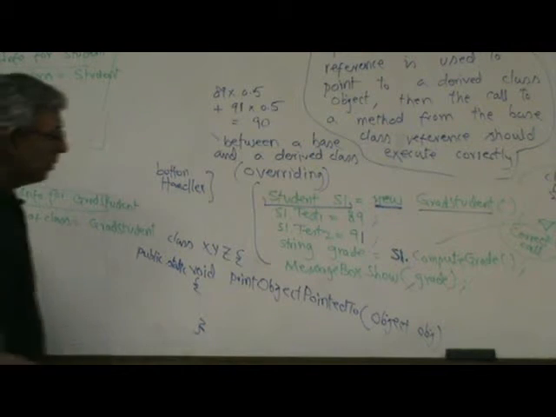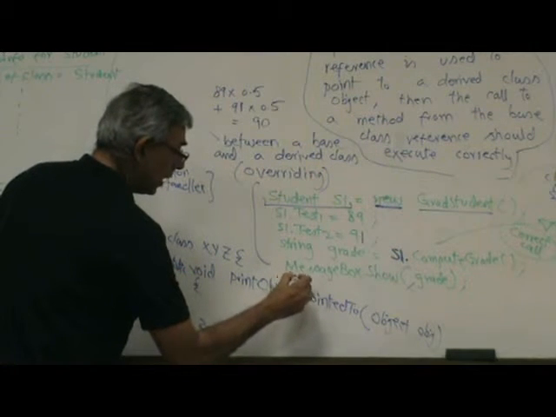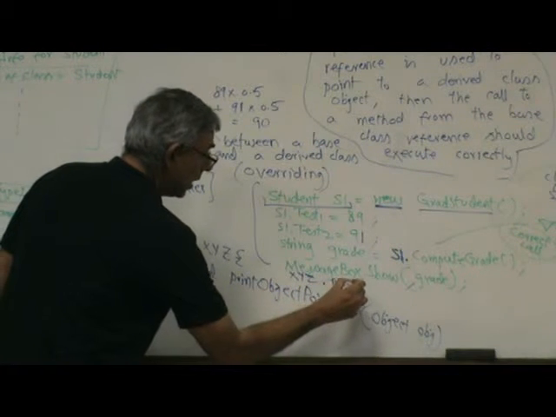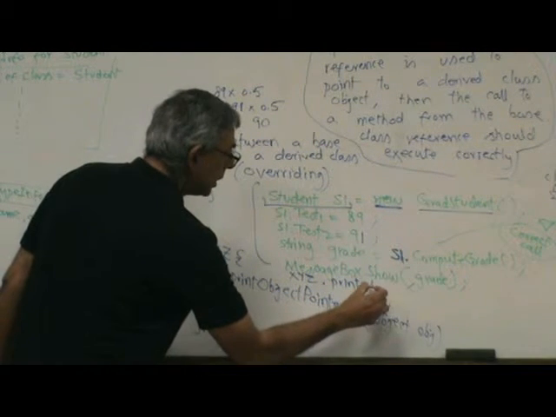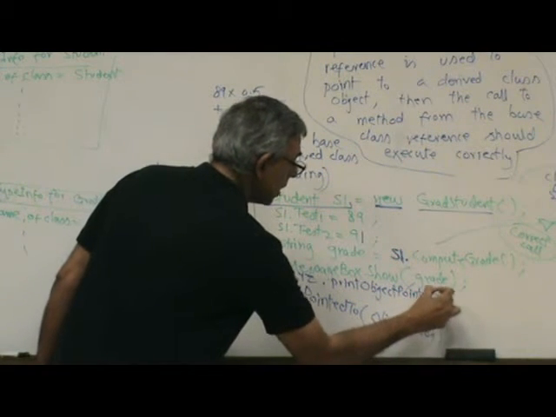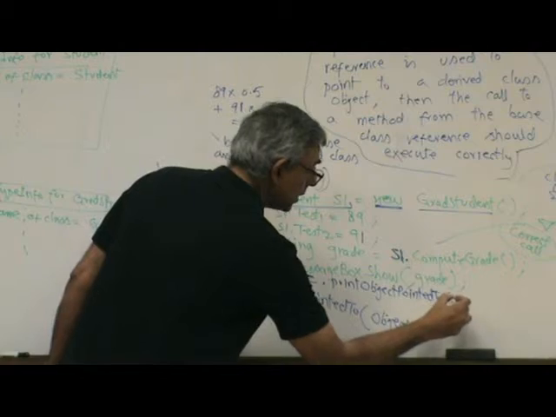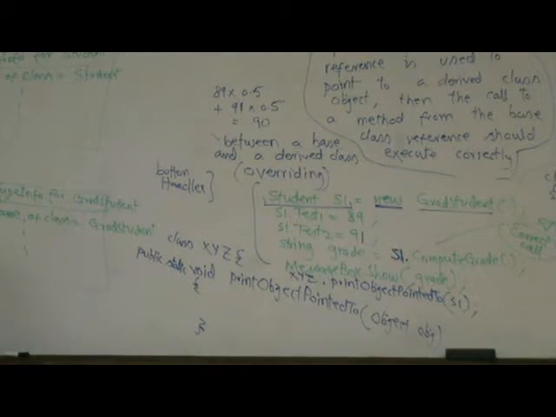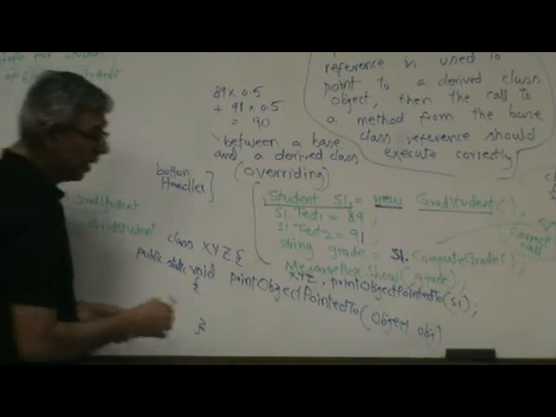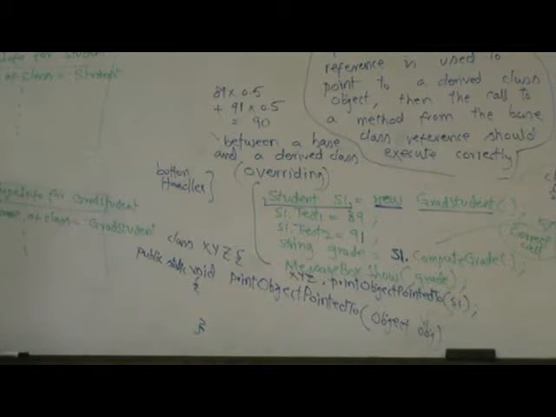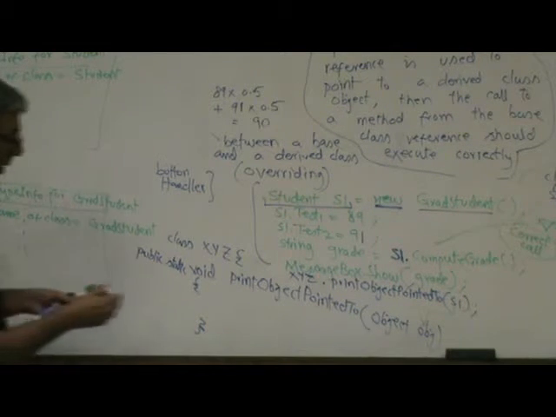Now you also wanted to write over here XYZ dot print object, and you wanted to pass S1 over here. So take a look over here, what will happen? S1 will go and be passed as the object, right?